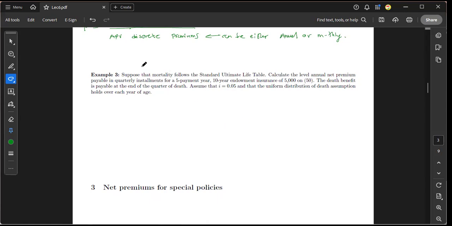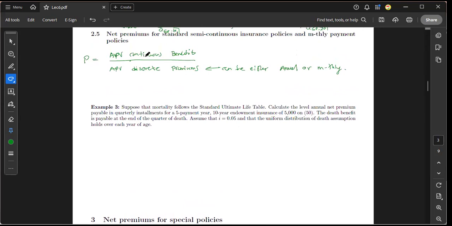In general, we can say, suppose we have a continuous n-year endowment with monthly payments for m years, where m is less than or equal to n.